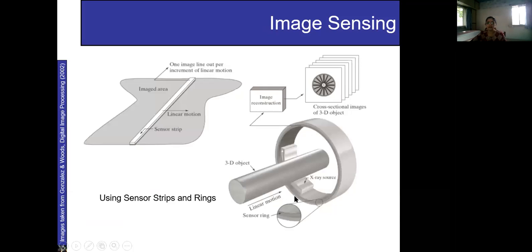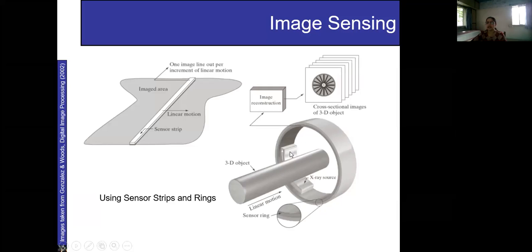Now, this is another type of sensor which is used in computed tomography. Here there is a ring, and on this ring, on one side, there is an X-ray source, and on exactly the opposite side of the X-ray source, there are X-ray sensors.